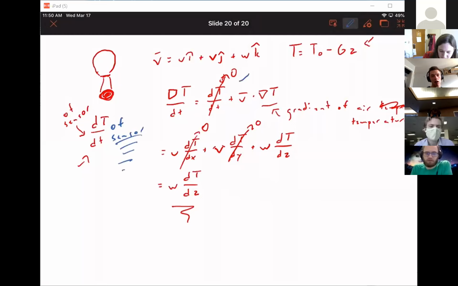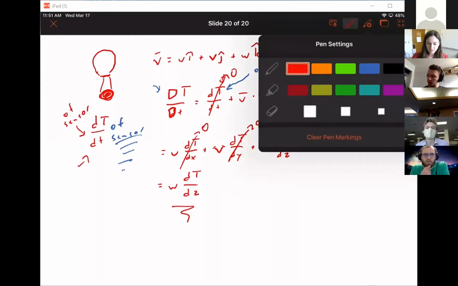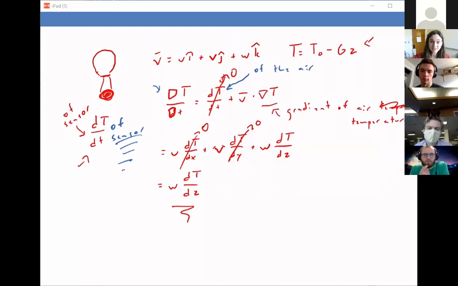Whereas this one is the dT/dt of the air, of the whole air. And that's one of the reasons we did the different notation with the capital D in the first place, which, speaking of which, I forgot to make that a capital. Okay. Right. So the temperature of the air is not changing at any point.